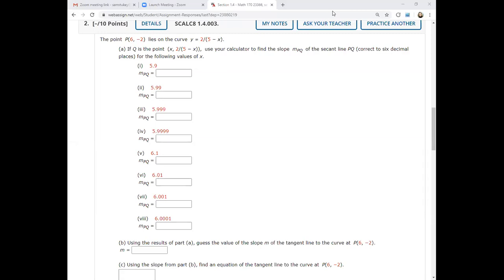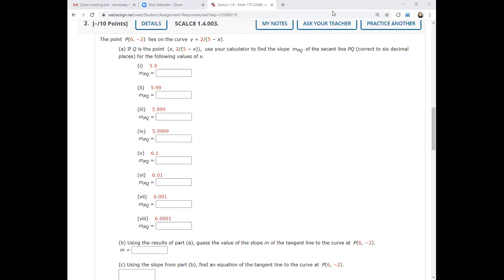I'm going to use the LCD method. So I'm going to multiply the top and the bottom of the complex fraction by 5 minus x.